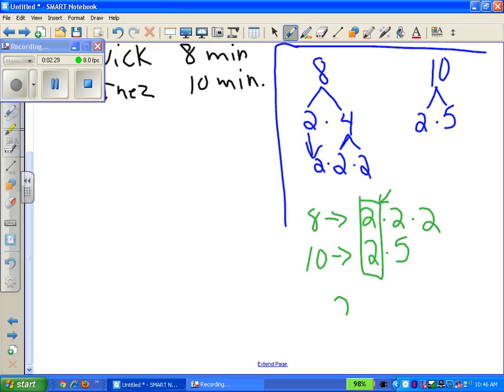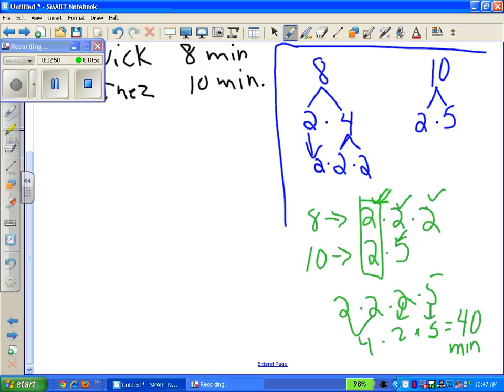So we have 2 times that 2 times 2 times 5, and 2 times 2 is 4, and 4 times this 2 is 8, times this 5, 8 times 5 is 40. 40 minutes. So my prime factorization matches when I list the multiples.